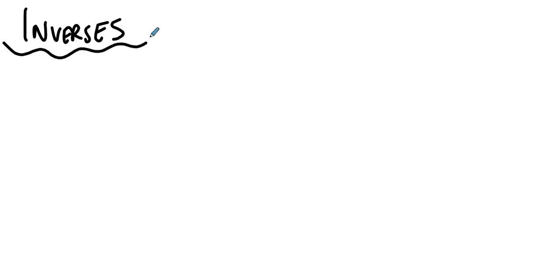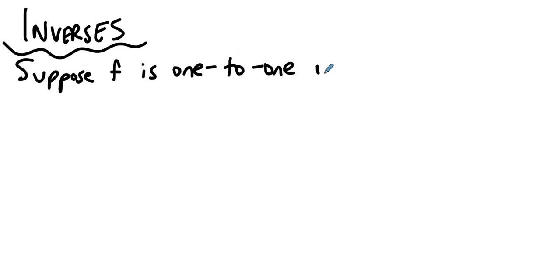Well, why do we care about one-to-one functions? We care about one-to-one functions because we care about inverse functions. We care a lot about them. And to talk about inverse functions, we have to have a one-to-one function.